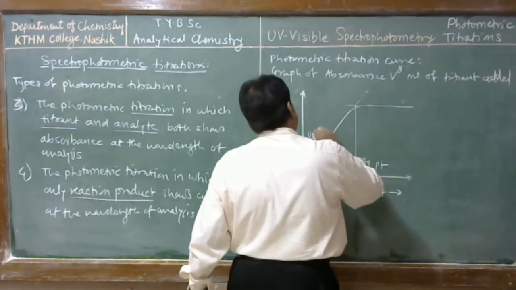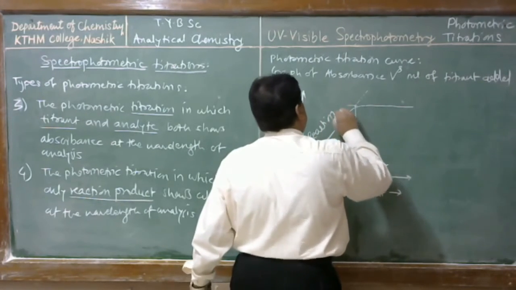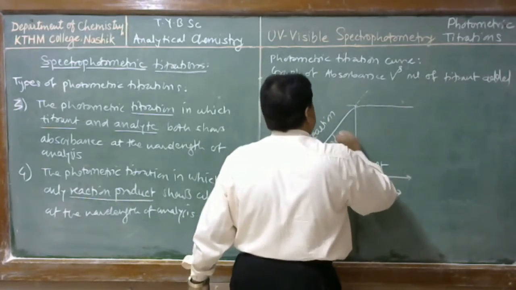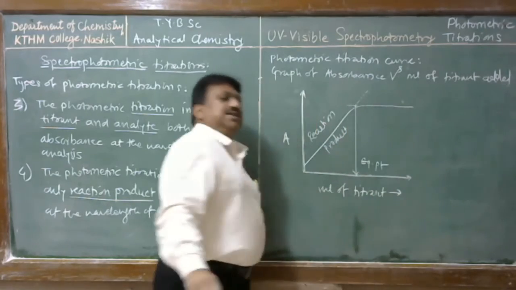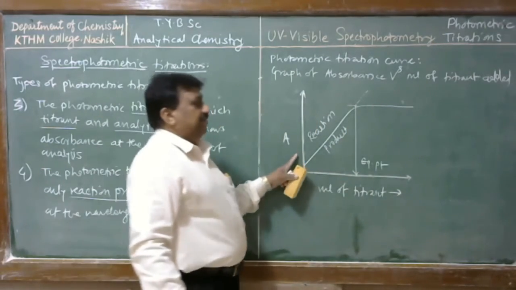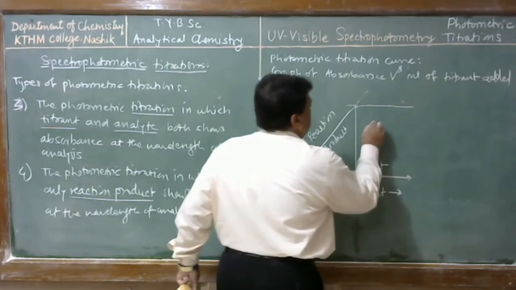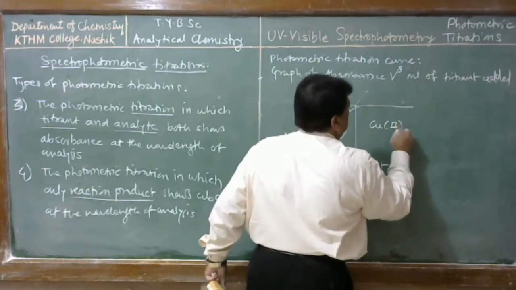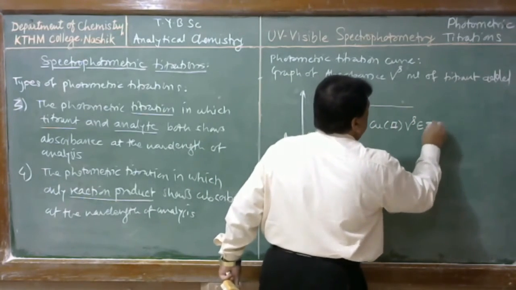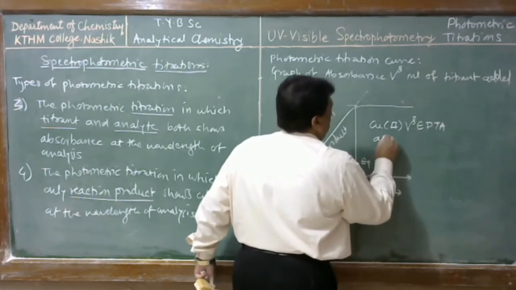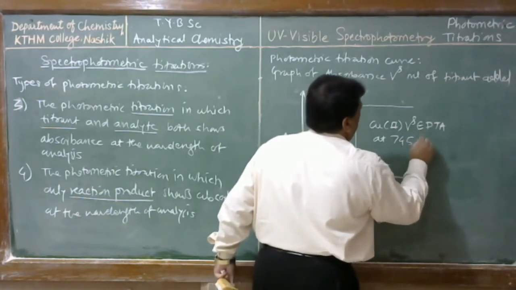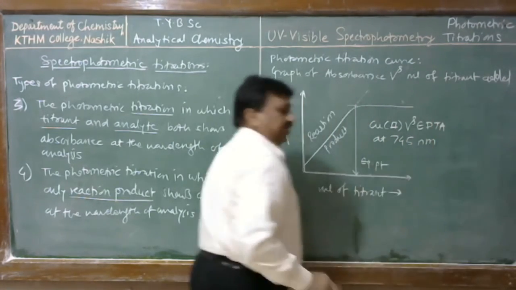Here, the reaction product gives the absorbance because it absorbs at the wavelength of analysis. If we titrate copper(II) solution with EDTA at 745 nanometer, then we have such a type of titration curve.